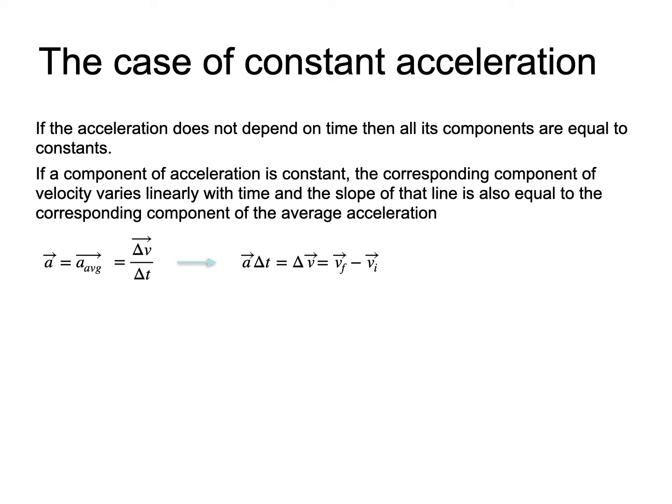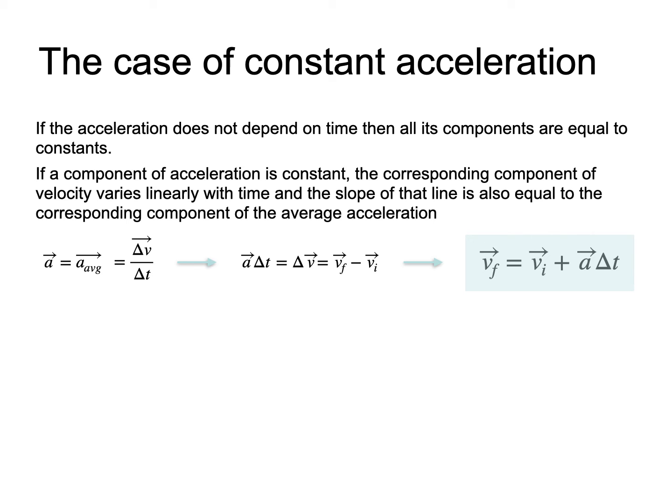Isolating for the final velocity gives this final equation, which is in fact an abbreviated way of writing three equations, one for each component. It is an important equation as it will give you the final velocity if you know the velocity and the acceleration at the start of the time interval and the duration of the time interval.